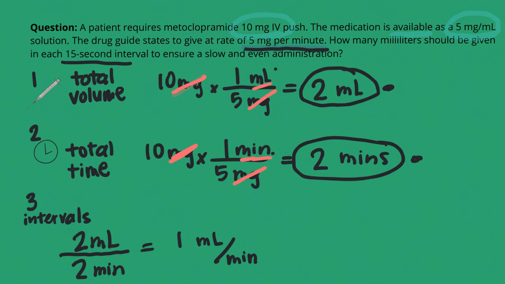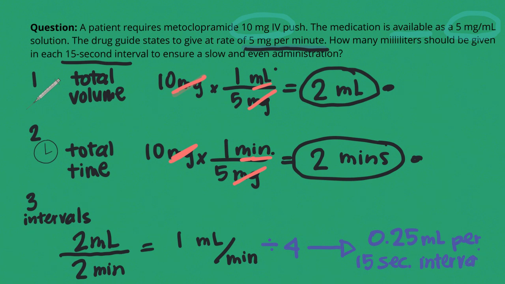Now I'll demonstrate how I turn it into 15-second intervals. 15 seconds goes into 1 minute 4 times. So I can simply divide by 4, and that's going to give me 0.25 milliliters per 15-second interval.